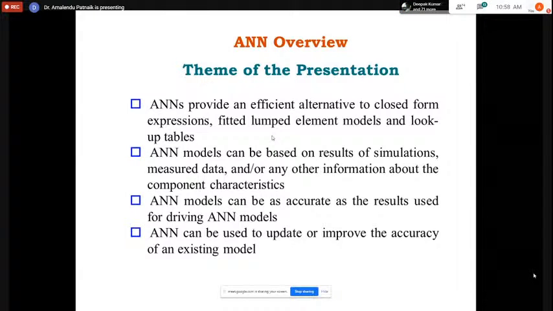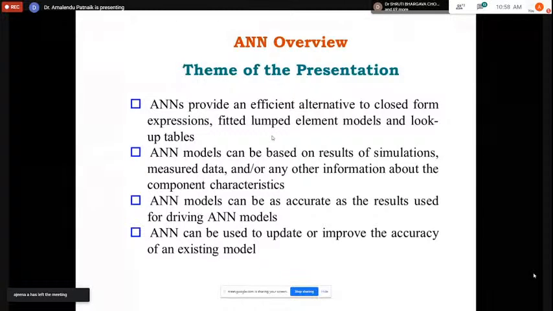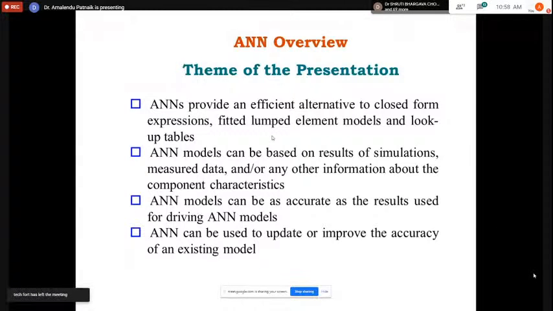Furthermore, given an existing model, these ANNs can be used to update or improve the accuracy of the present model, right? If you already have an ANN model, you can use these techniques to improve its accuracy.